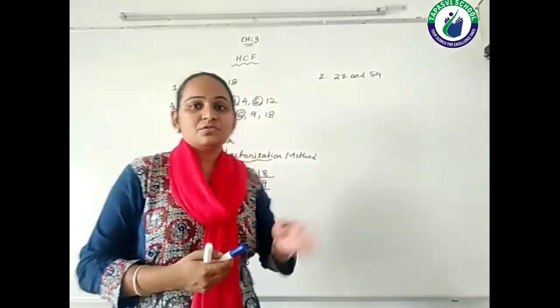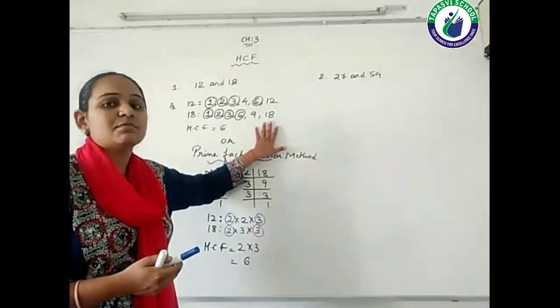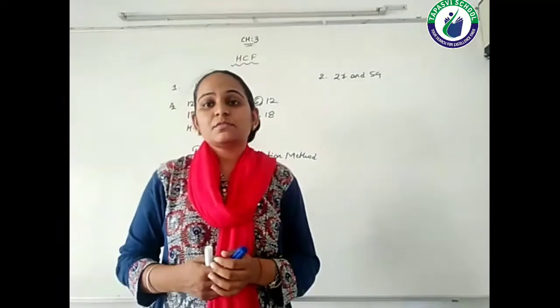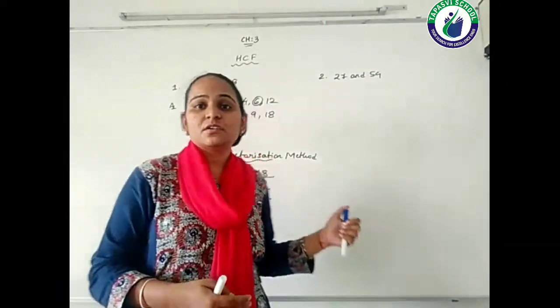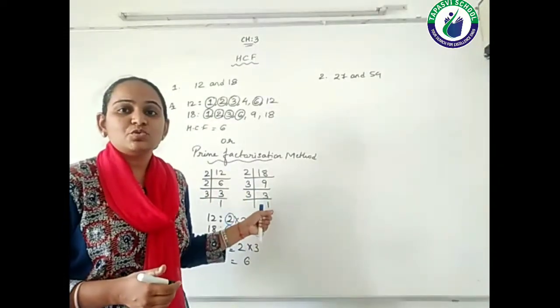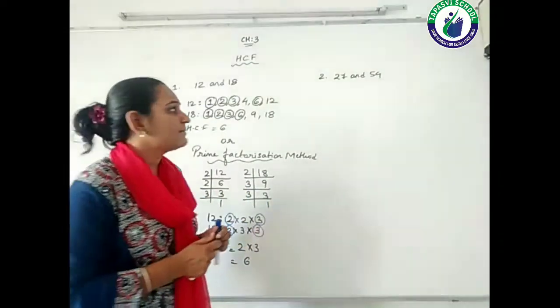So I advise you, instead of going with the listing method, please go with the prime factorization method, because there are fewer chances that you can miss out the factors. So 27 and 54 I am going to do with the prime factorization method only, right?